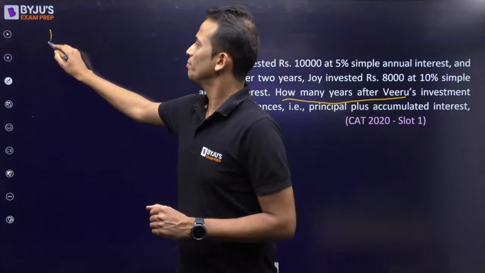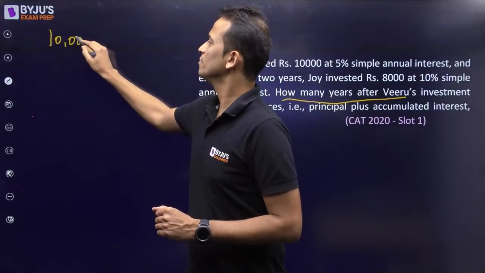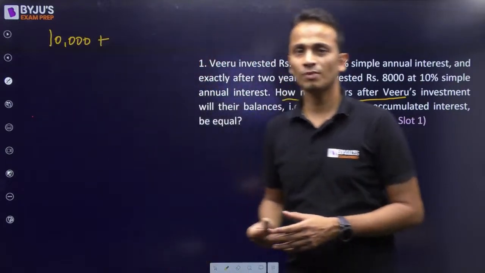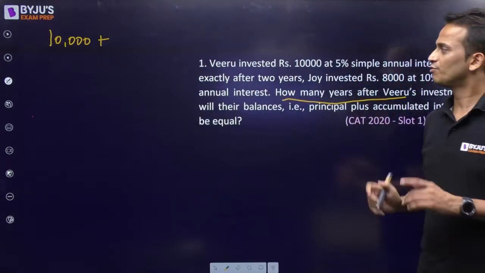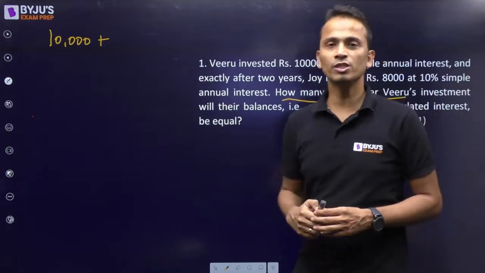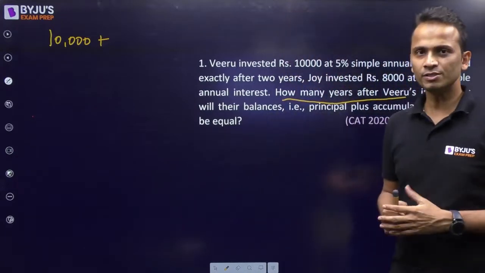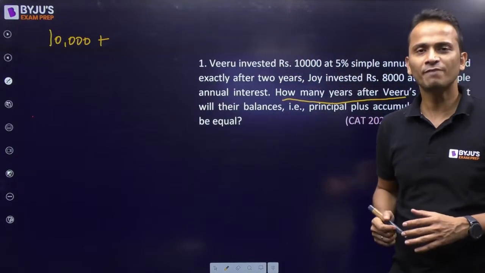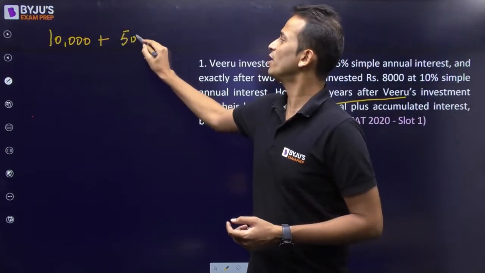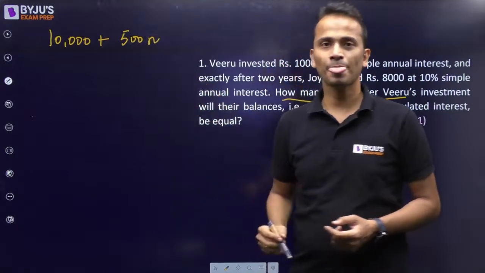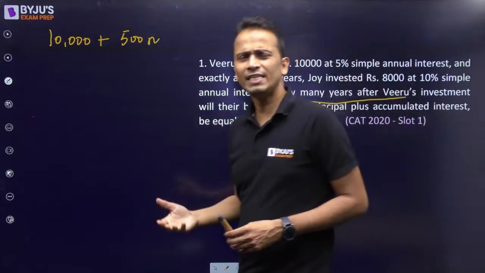So principal is 10,000 plus the rate of interest is 5%. Now 5% on 10,000 will be 500 rupees. So in 1 year, he will be getting 500 rupees, and in n years, he will be getting 500 multiplied by n.